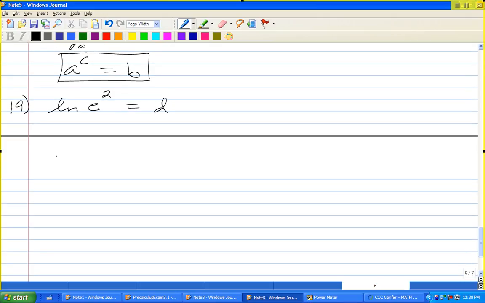So the base is e, the exponent is d, the result is e squared.